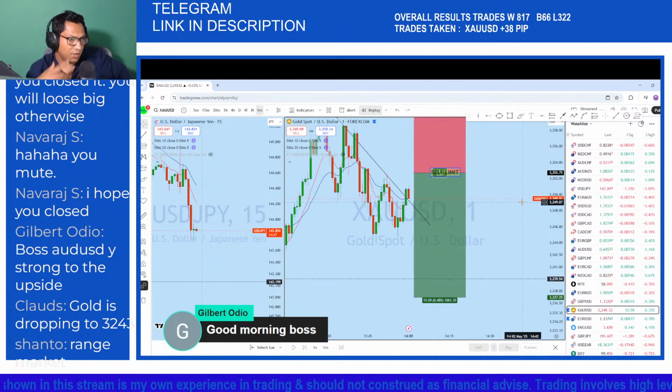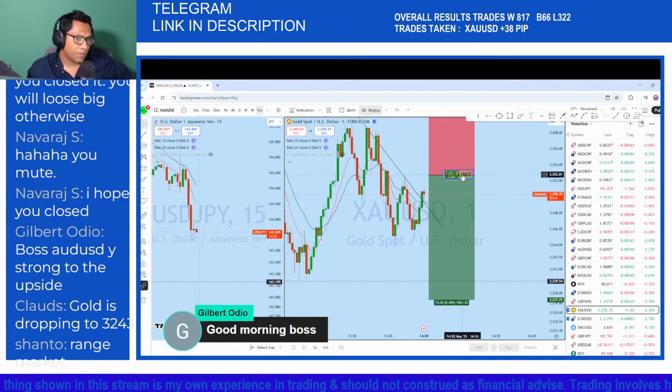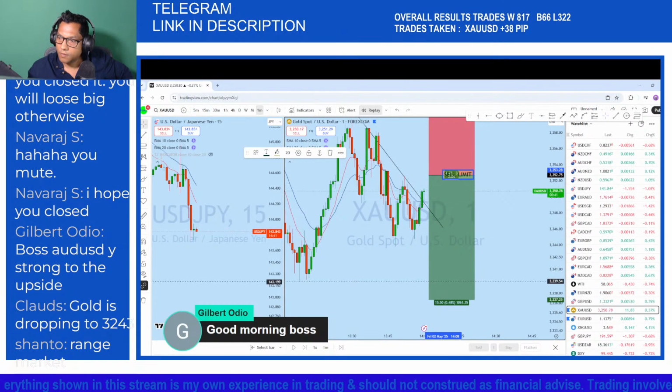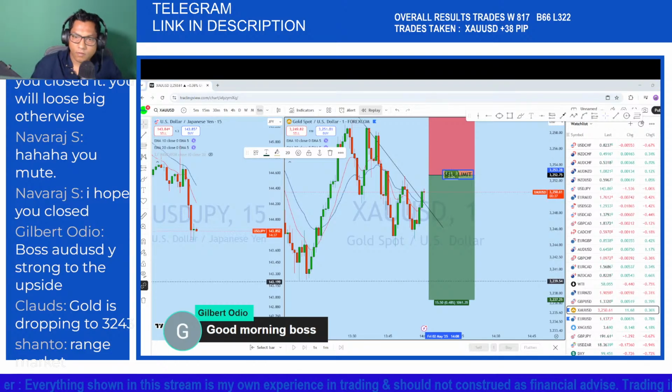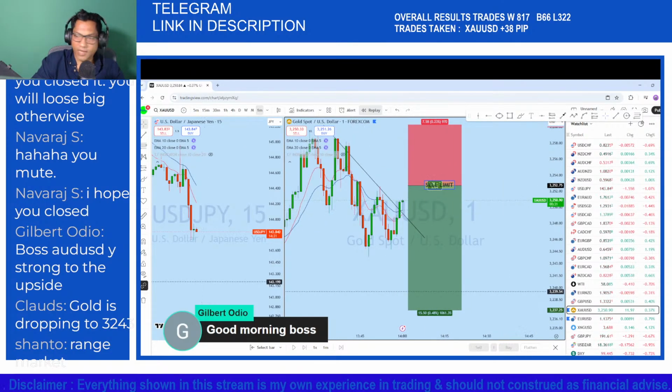Reach that level and still the sell limit in the same area. We might get an entry.